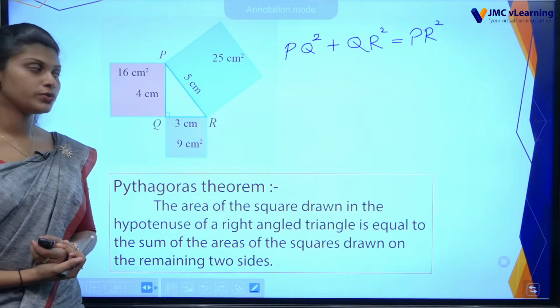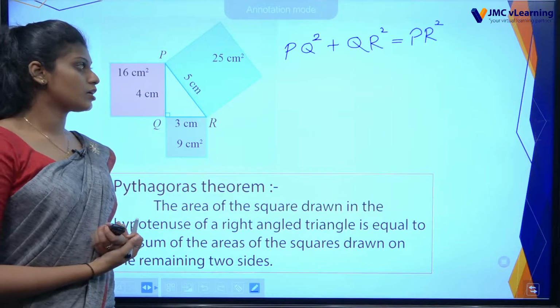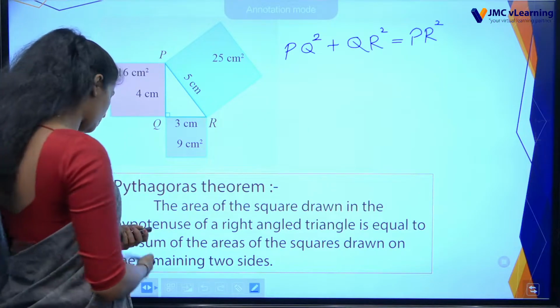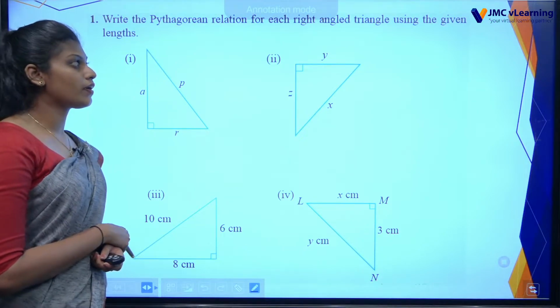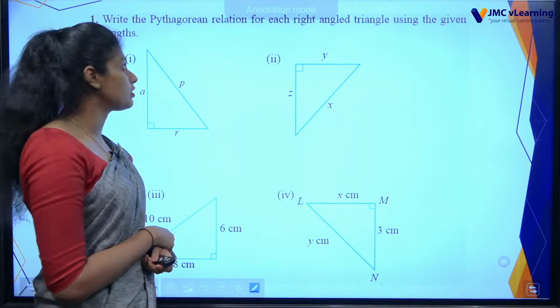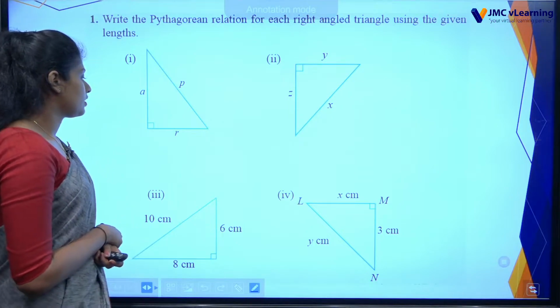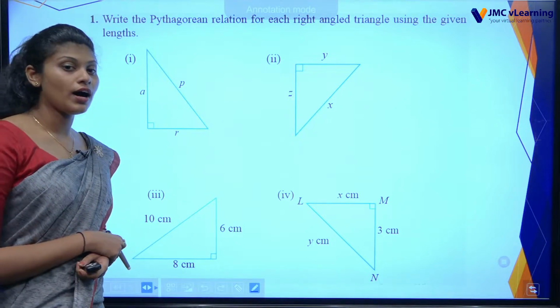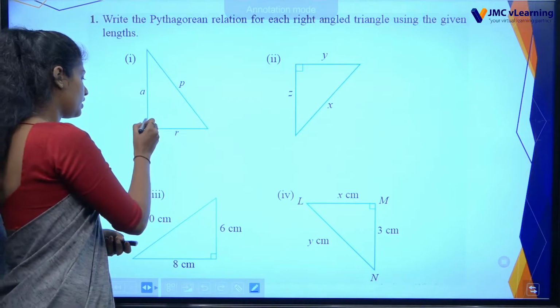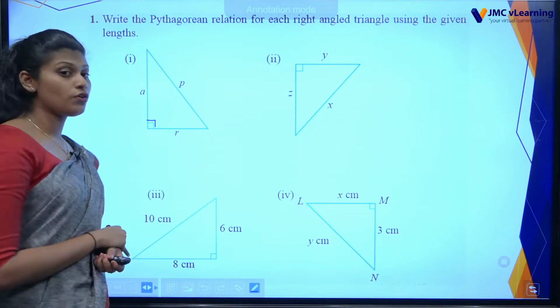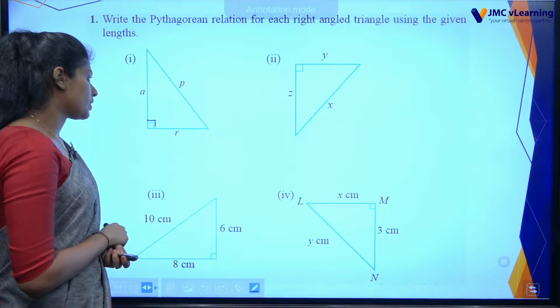Now let's see how we can simplify sums using this theorem. Write the Pythagorean relation for each right angle triangle using the given lengths. First you have to identify the right angle and the hypotenuse. Here you can see the right angle. So what is the hypotenuse?